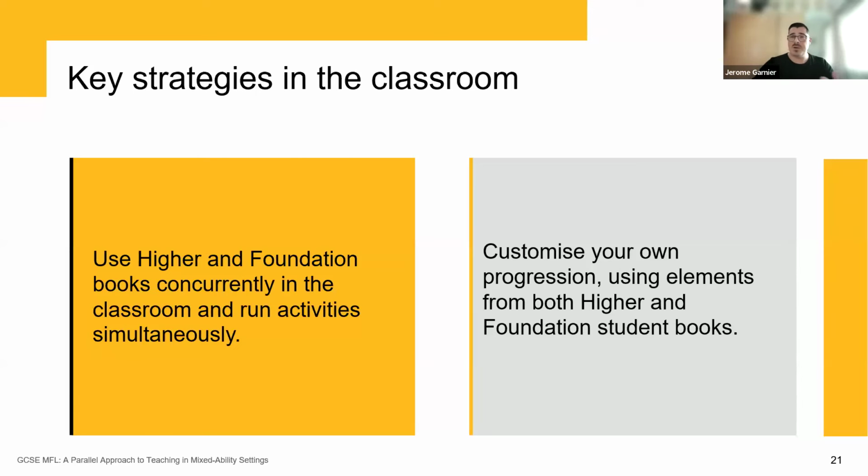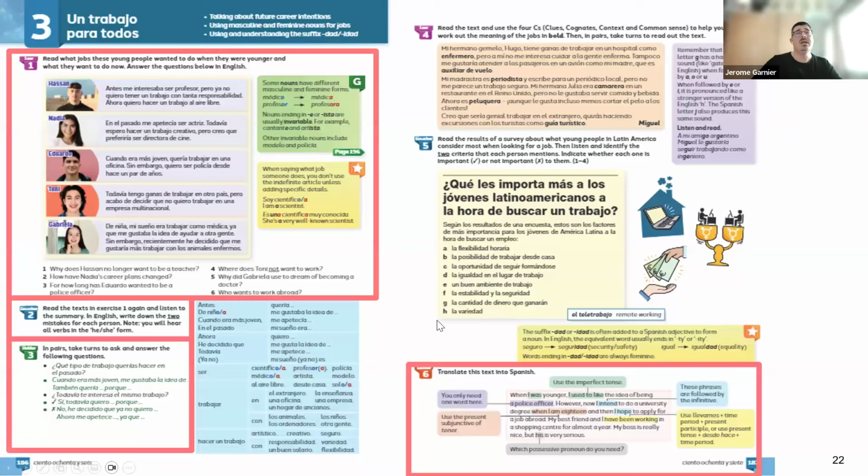So I'm going to run through an example of how you could do that with the Spanish student books, for example. So this is an example of the Spanish higher, module 8, unit 3. And I have circled what I think my class should be able to do in terms of the activity, but they might struggle a bit more with activity 4 and activity 5.